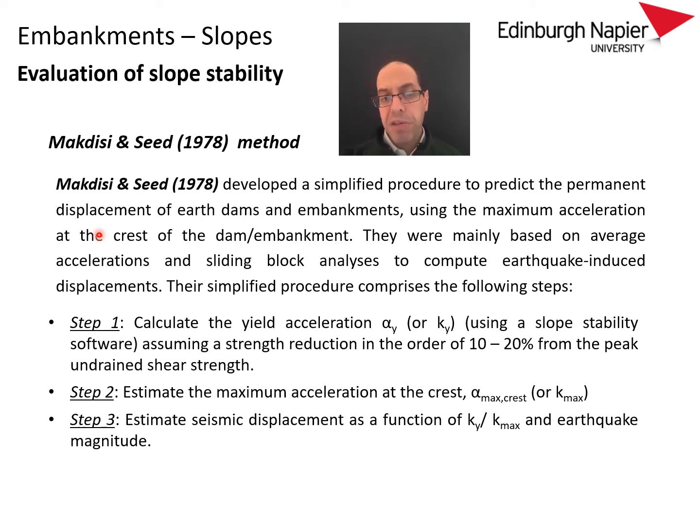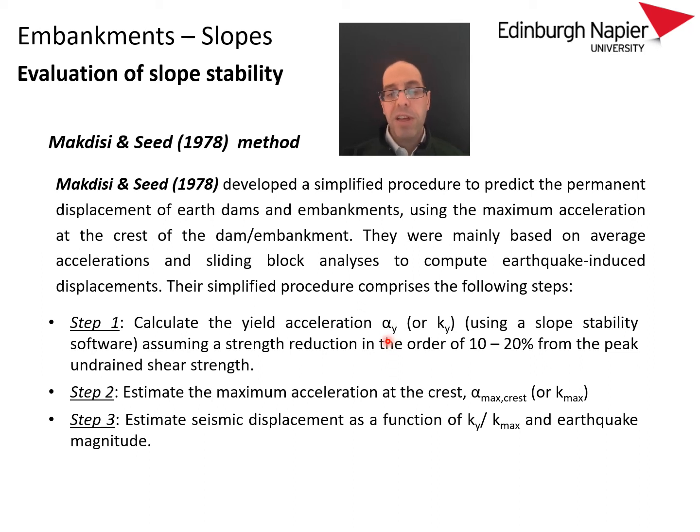How is the procedure? First, they calculate the yield acceleration using slope stability software, and most of those available slope stability software for this case of analysis use the method of slices, and then assume a strength reduction in the order of 10 to 20% of the peak undrained shear strength, because we expect the resistance of the soil to reduce as it strains, as you are well aware.